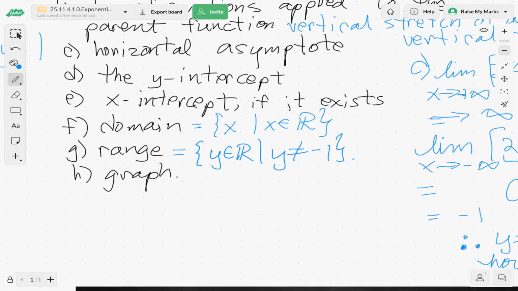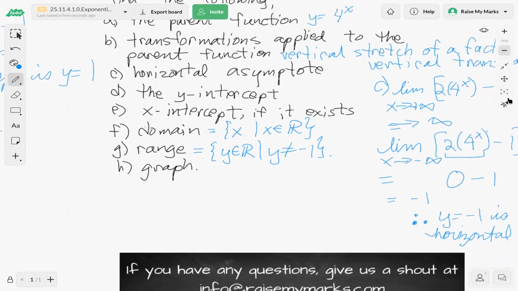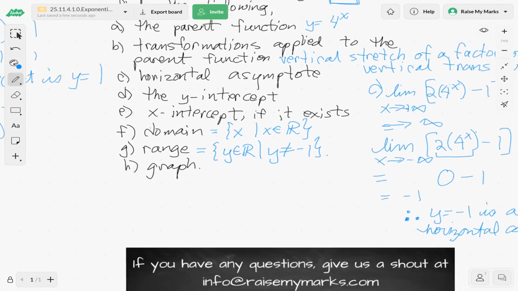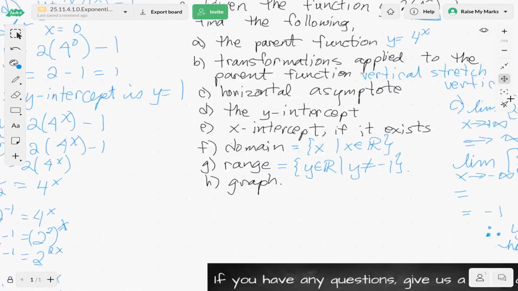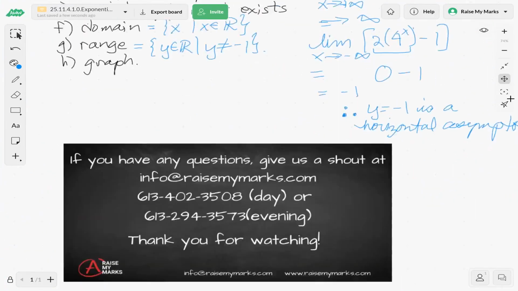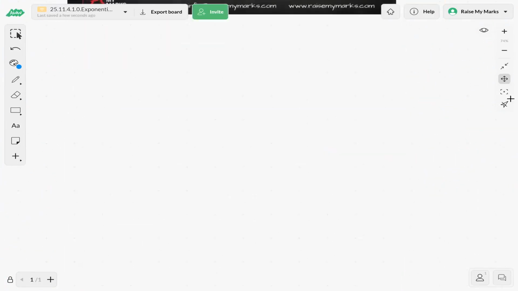So let's find some space to draw the graph. This will be a challenge. Where should we find space for our graph? Do we have enough? Okay, let's go below, see if we can find some space. All right, okay, let's draw some axes in.